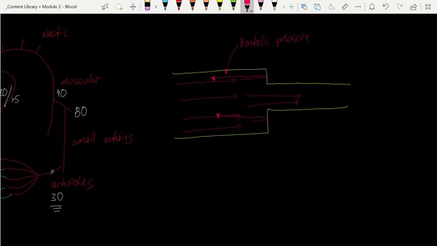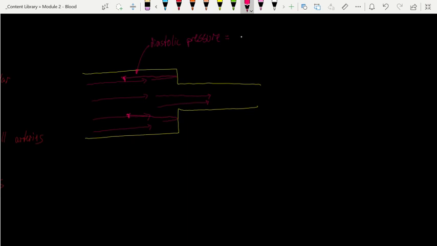It's associated with increased resistance from decreased radius at the level of small arteries and arterioles. This is where the body can fine-tune blood pressure.